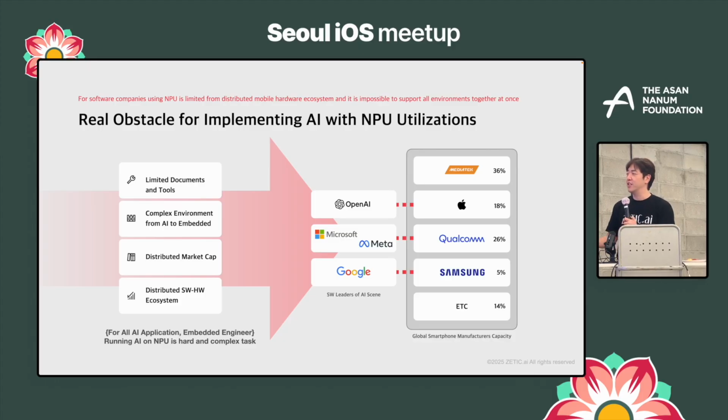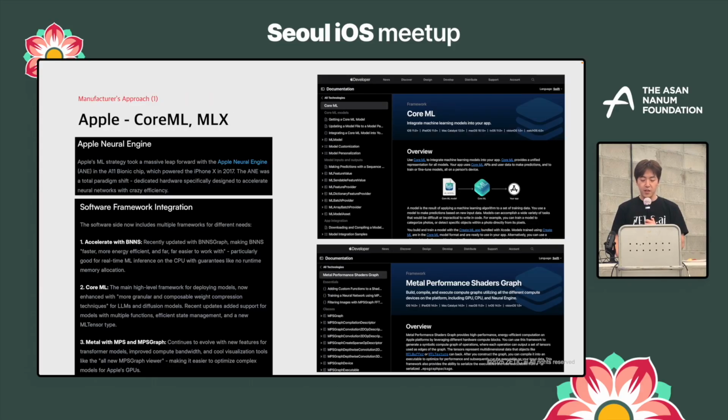I'd like to say that this kind of approach limits the market for software engineers, application developers, and everyone. So that is why we started, and that's why we are breaking those barriers to NPU utilization by software.